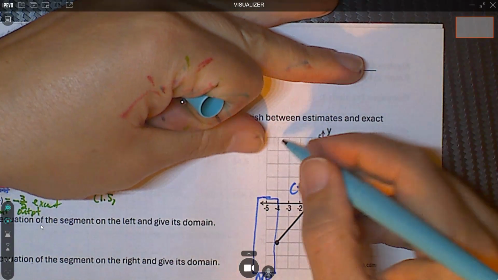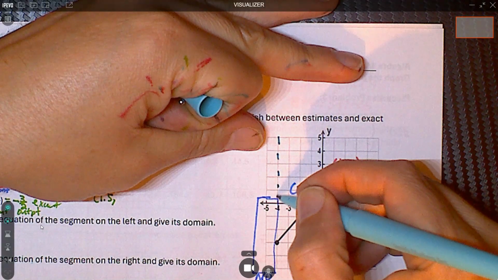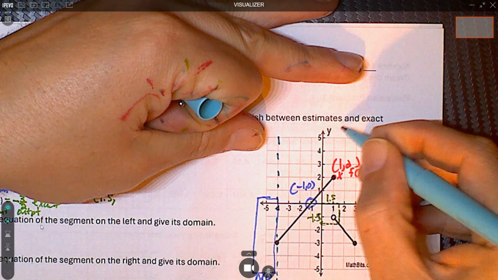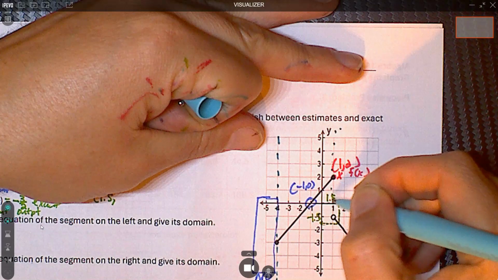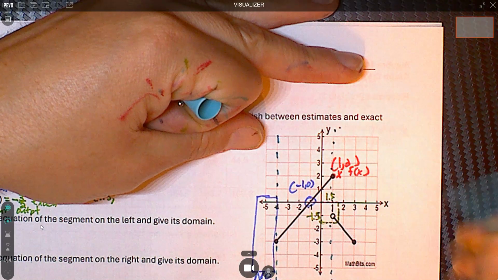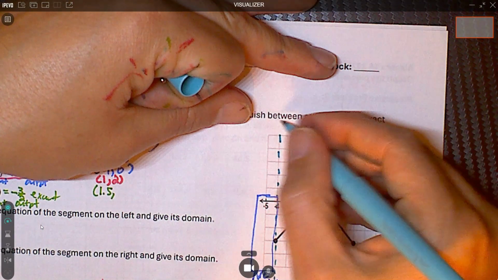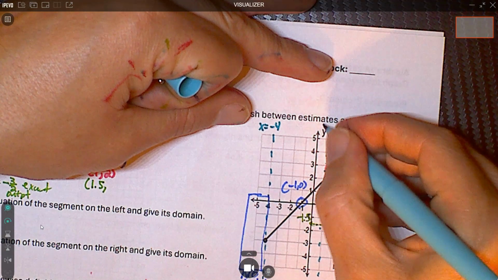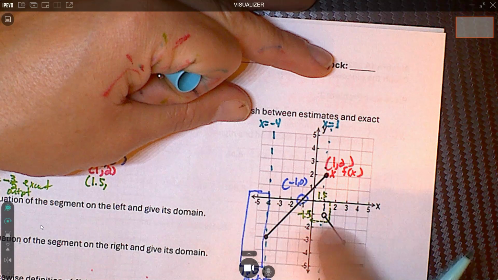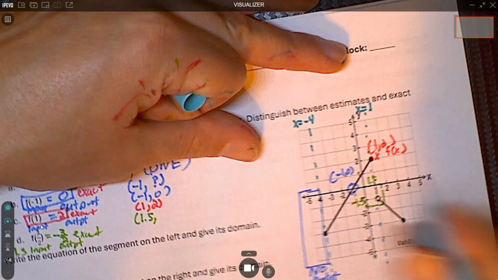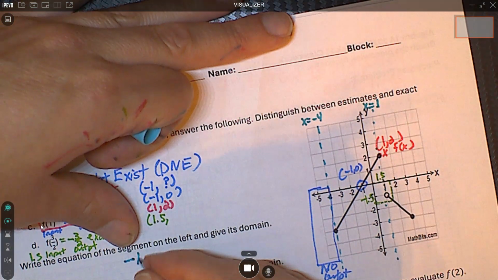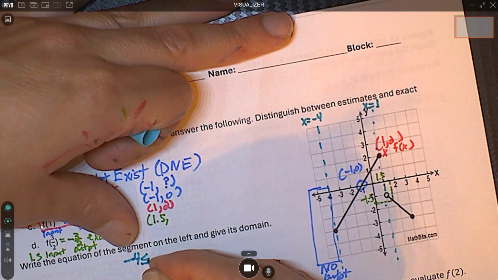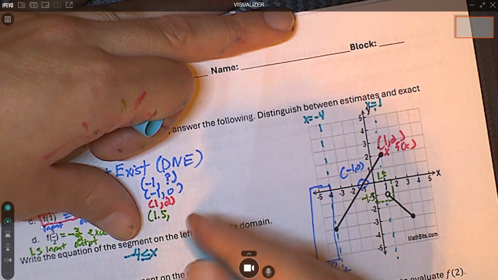So it's wanting to know, okay, so the x's go from, so this is between -4 and 1. And they're both closed circles.